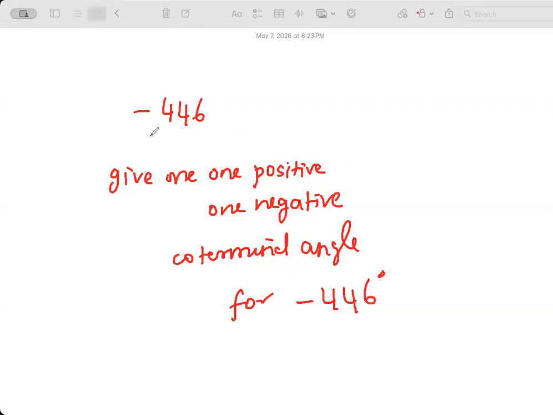I know this is negative, but I would like to know one more positive and one negative coterminal. It can be any, plus, more or less or whatever.